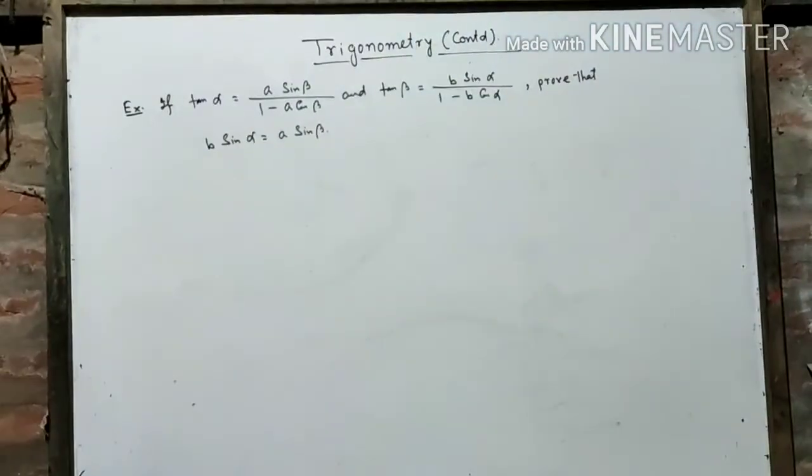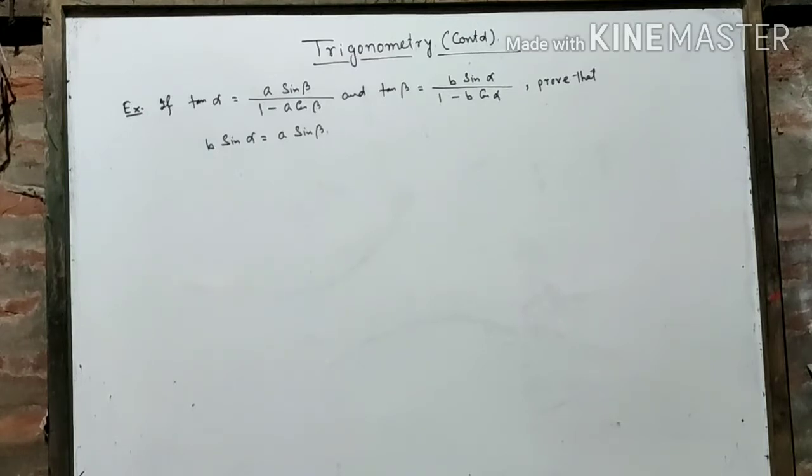Okay. So you follow the question. There are two relations. One is tan alpha is equal to a sin beta divided by 1 minus a cos beta. Another is tan beta is equal to b sin alpha by 1 minus b cos alpha. So in one relation there is a, and in the other relation there is b.